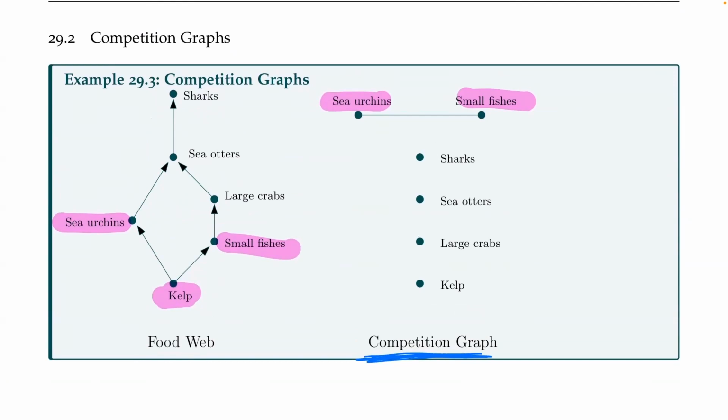Here, the only two species that share a food source are sea urchins and small fishes. So on the right-hand side in this competition graph, we draw an edge between these two nodes, indicating that there is competition for food. Okay, so how do we do this? We just look for any species that have out degree 2 or more, like kelp is the only one here. And then we draw a link between the things that feed on that species, okay?